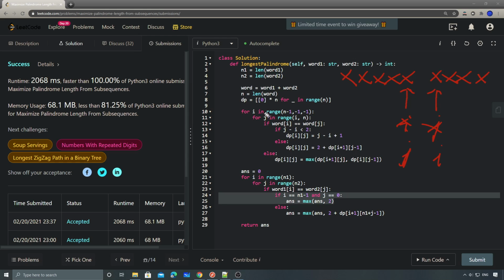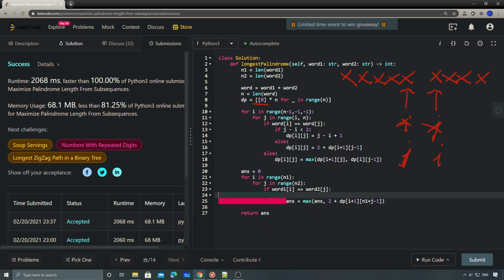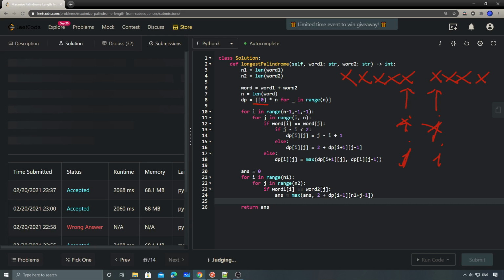For that case, since we initialize all the elements of the DP with 0, for the case that i is greater than j, the value for that DP will be 0. I think that's exactly what we want here. So we don't have to separate those two scenarios. We can simply use this one, because when i is greater than the second part, this one will become 0. I guess this will just work.